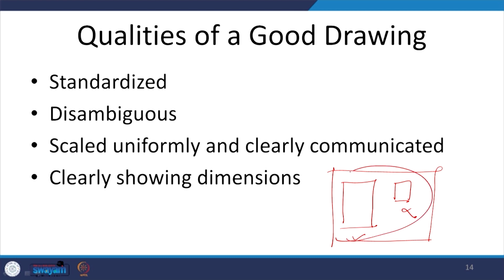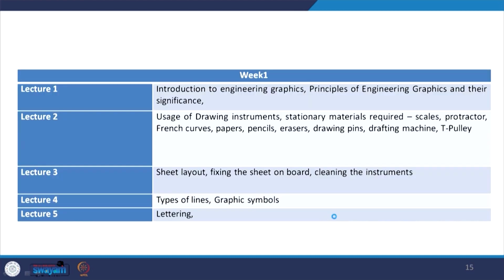This entire thing has to have the same scale. In case it is a blow up of a smaller part, then the scale has to be specifically mentioned. A different scale will be specifically mentioned here. Otherwise, for this entire drawing, the same scale will be maintained and used.